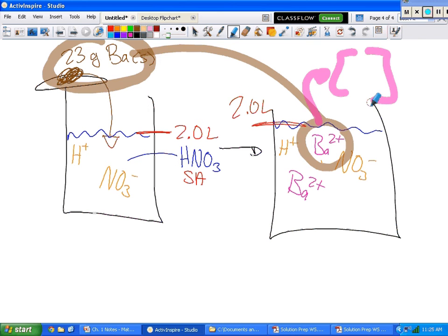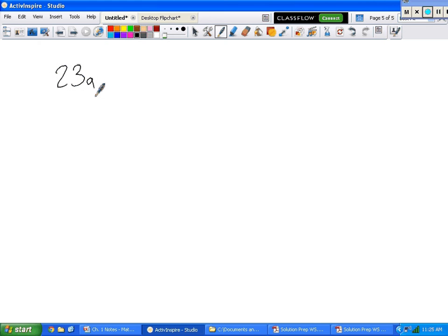So I ask you, do you agree that we have to get both of those units? Can we get moles? From what? You've got 23 grams of barium, so let's start there. So I've got 23 grams of barium. How do I get it to moles? Very good. Divide by 137.33 grams.